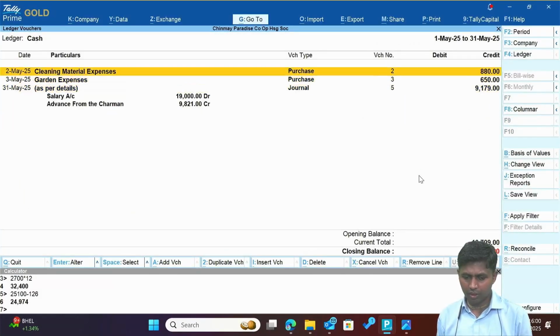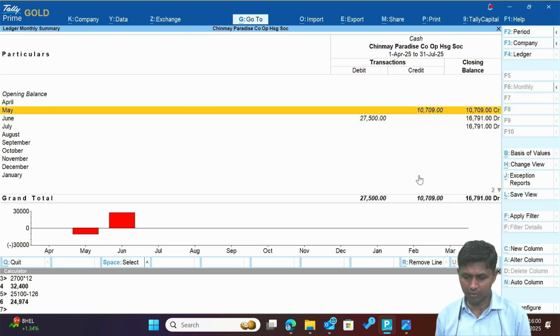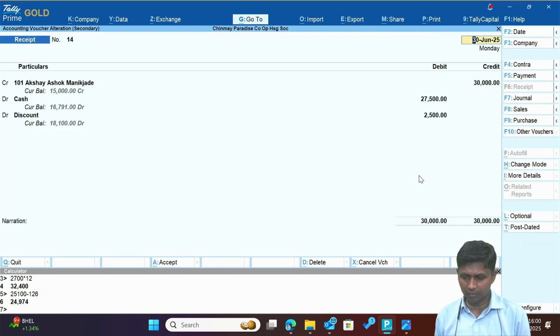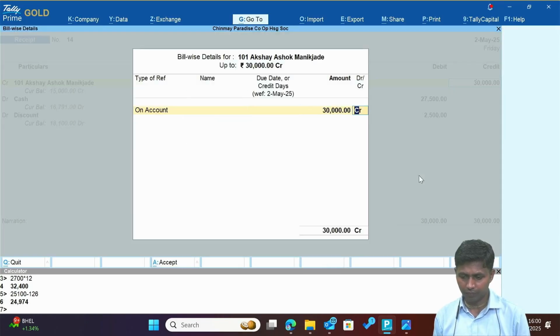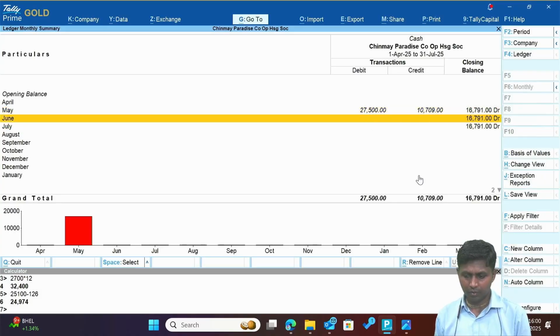Either change all these entries instead of cash, write advance against someone, and then after that nullify that advance account, or otherwise the first bill on the 2nd May. Therefore, ask the accountant to change the date of receipt to 2nd May. Now everything is perfect.